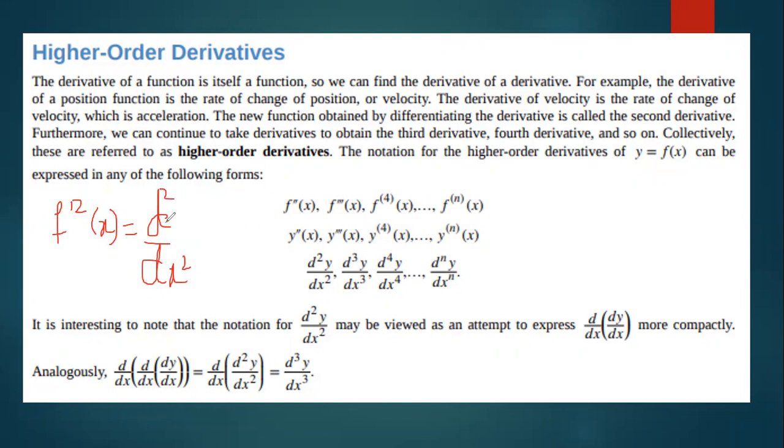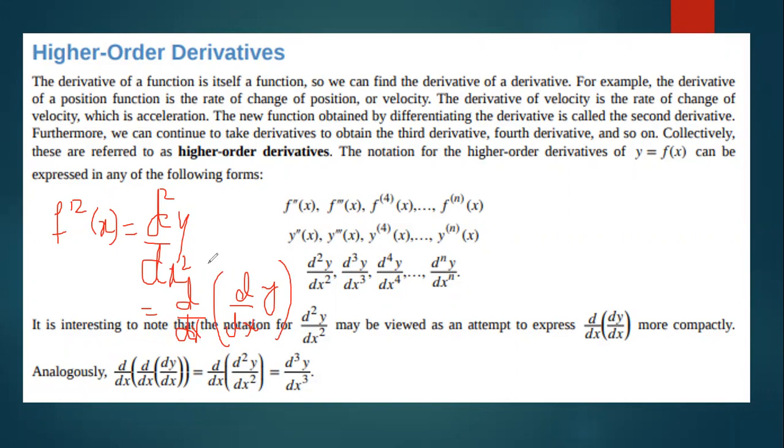The derivative of it means that we have to take the derivative of y two times, so it will be d upon dx for the first derivative, and then the second derivative d upon dx of that. So it will be elaborated as that.